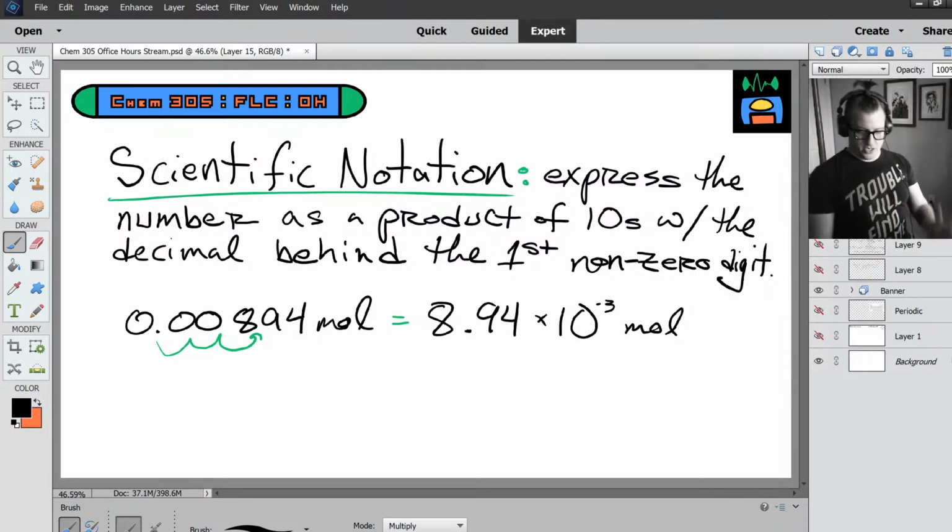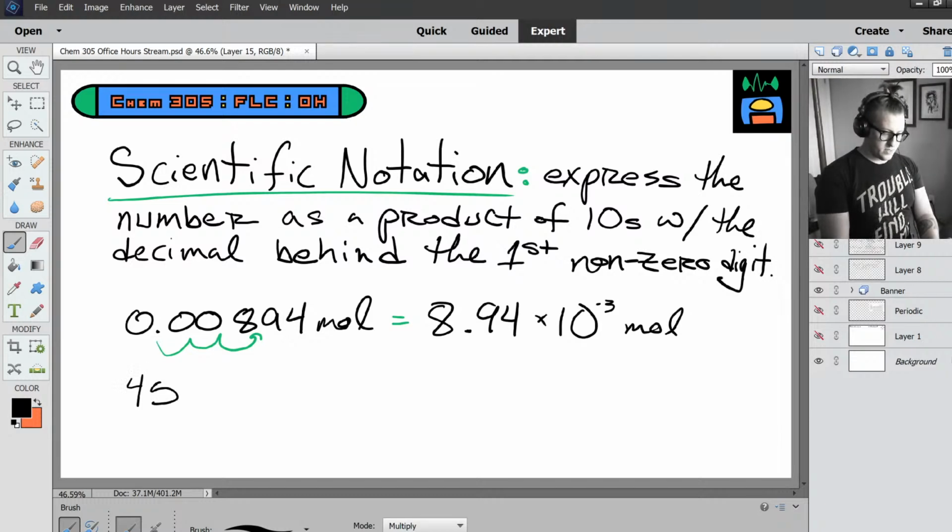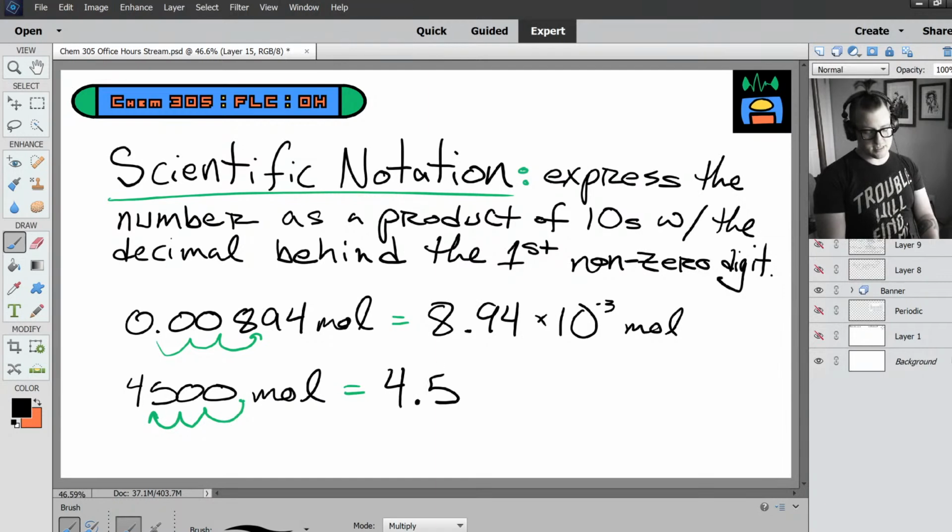If you got a huge number of moles, like let's say 4,500 moles, this would be ginormous. Again, we take the decimal and roll it so that it's behind the first non-zero digit. So 4.5, and since we bounced it over 3 spaces, we write times 10 to the third moles.